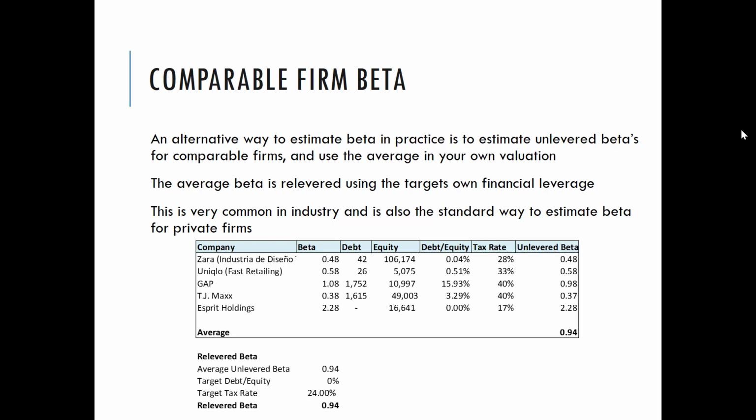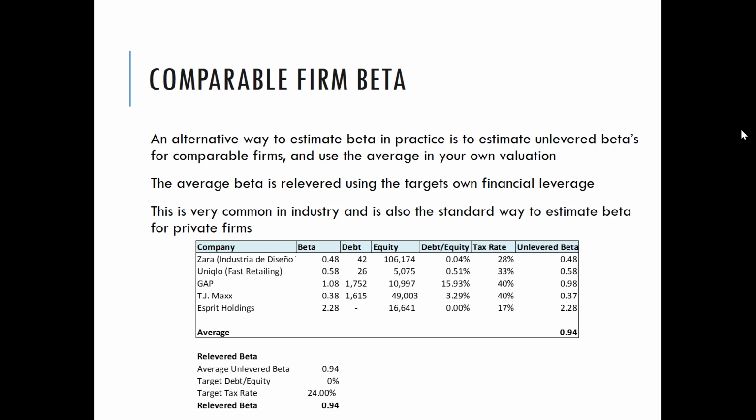So what you would do in this case is look at a few comparable firms. In the case of H&M, you might look at Zara, Uniqlo, Gap, and so on, and you can try to observe their betas in the market. So you effectively estimate the regression beta for each and every firm. Once you've done that, you also need to account for their capital structure, in the sense that we know that financial leverage increases the observed beta, because the more leverage you have, the more risky you are.